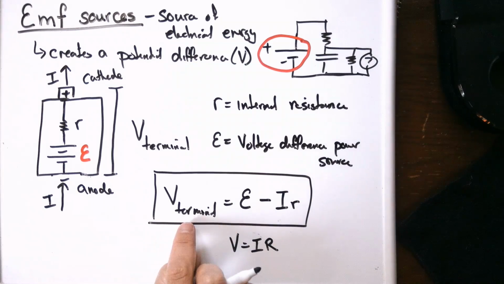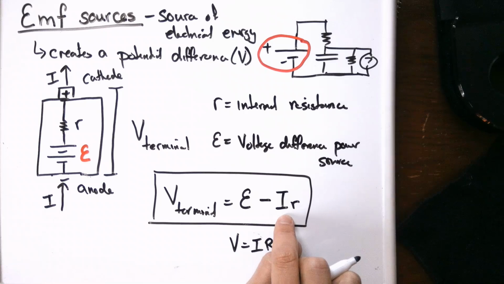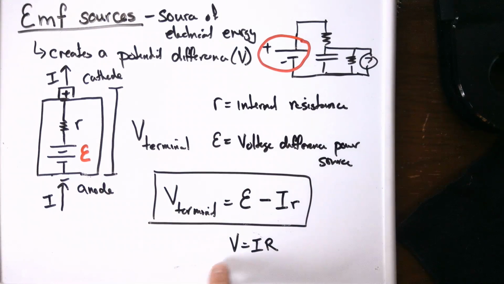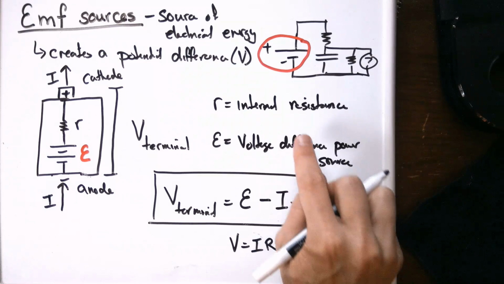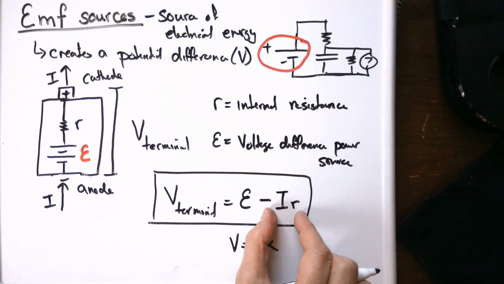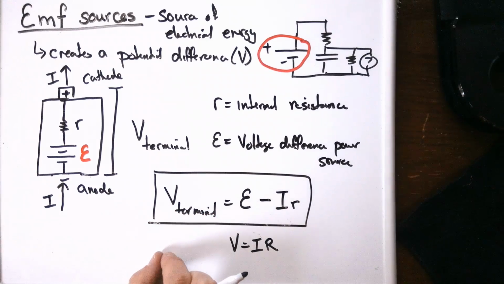So unfortunately, on the outside of your battery, you're not getting the full benefit of the actual potential difference created by your mechanism, because there's always a little bit of potential difference subtracted off across this internal resistance. And as batteries get older, the resistance actually increases. So this voltage drop is going to be bigger and bigger, and you'll have a smaller and smaller terminal voltage across your battery.